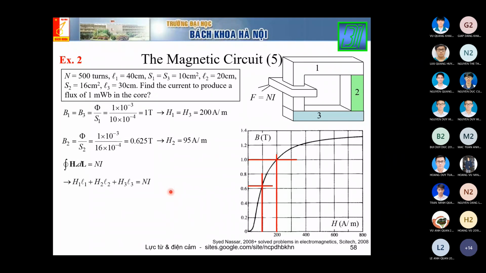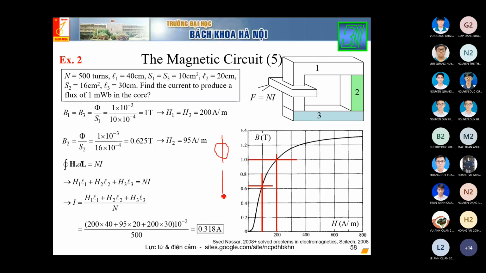From this, we can find the current, because everything here was found or given. So like I told you, this one is a forward exercise. We are given the magnetic flux, and we can find the current.